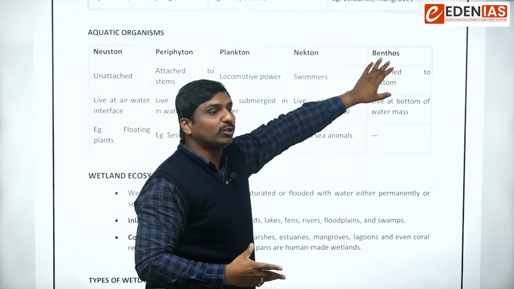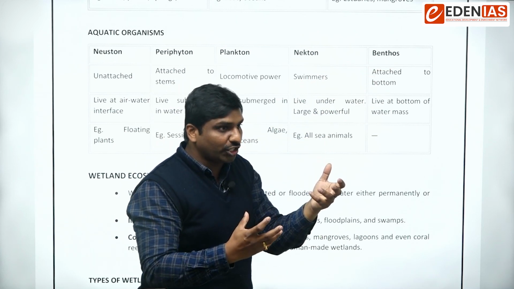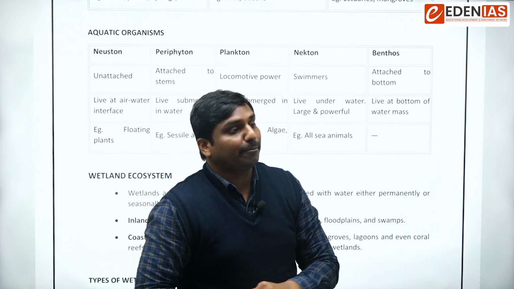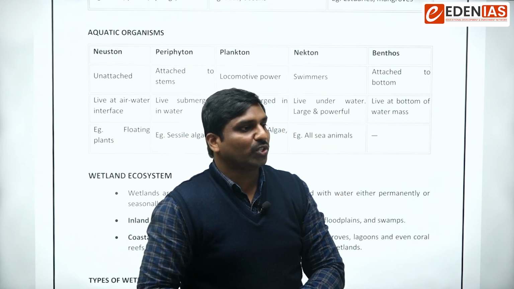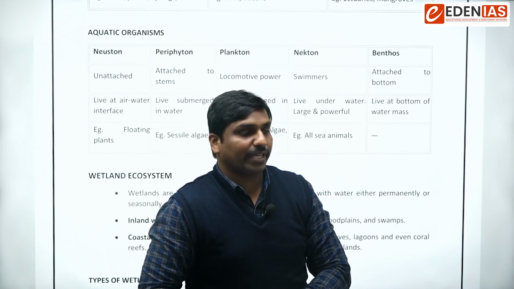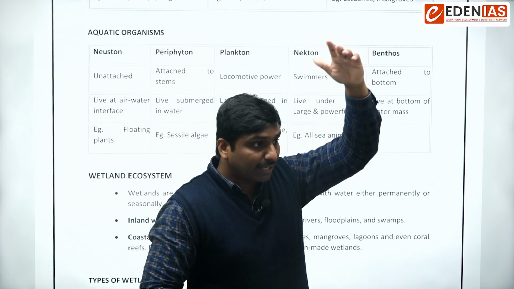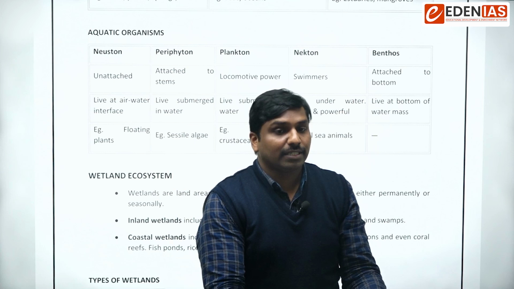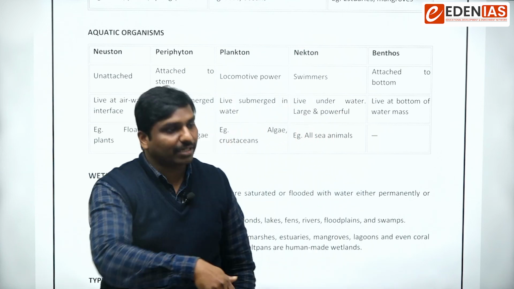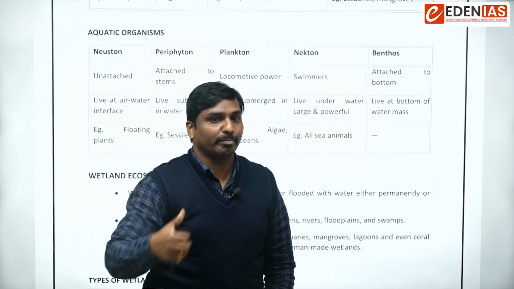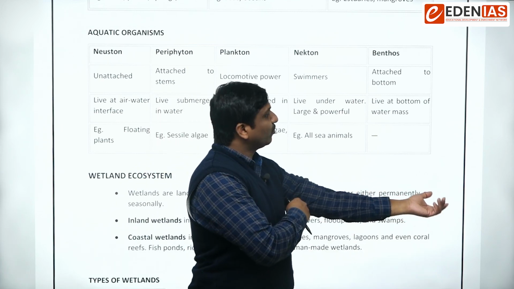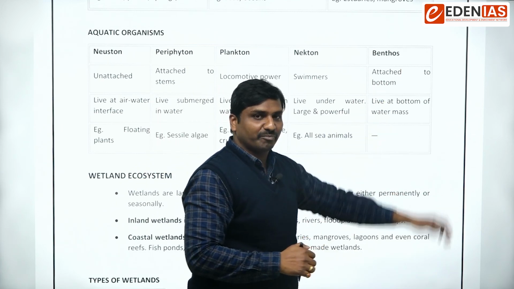And finally benthos. The benthic region is the deep region, the benthic zone. Have you heard about the photic zone and aphotic zone? The benthic zone is the down region, the base, the bed of the aquatic ecosystem.